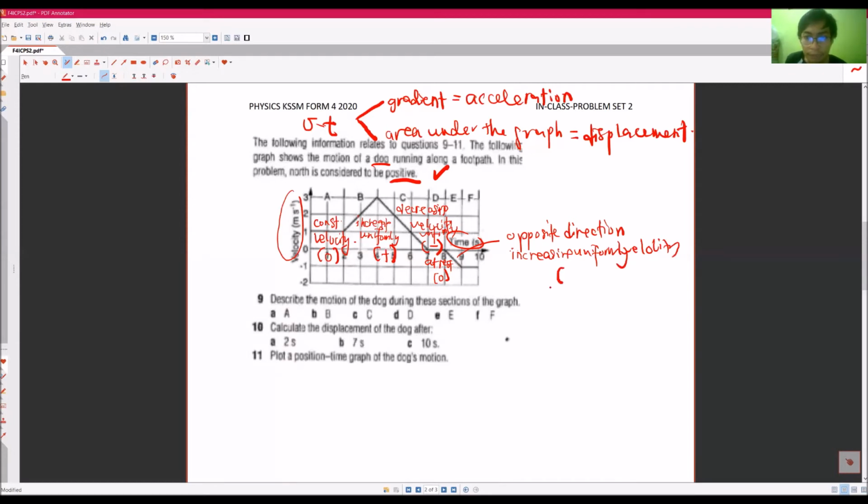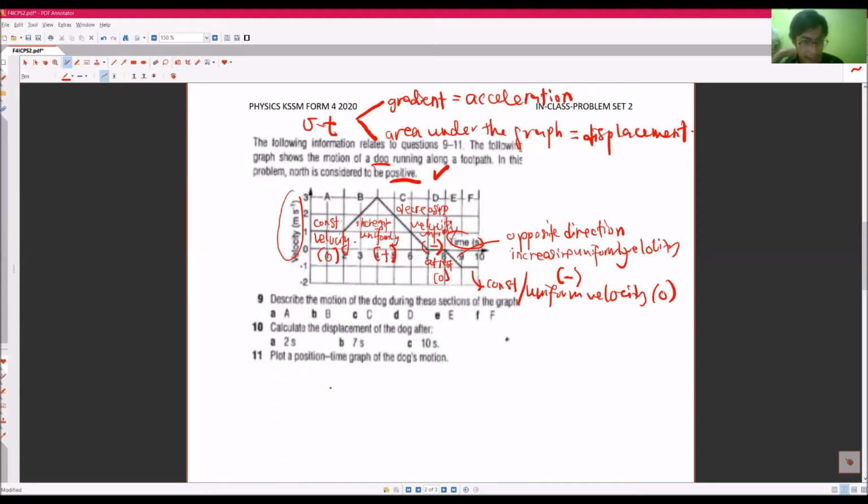So the acceleration is still negative, but the speed is actually increasing. And then it doesn't stay at rest, it's at constant velocity. Constant or uniform velocity, so zero gradient, zero acceleration.